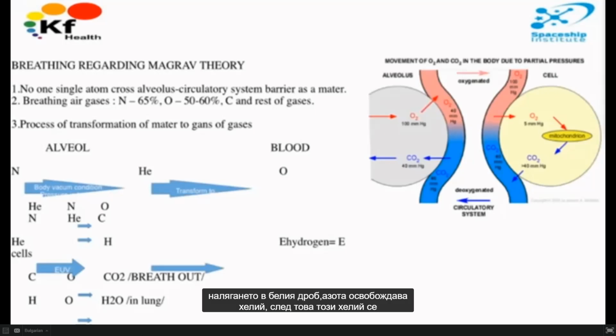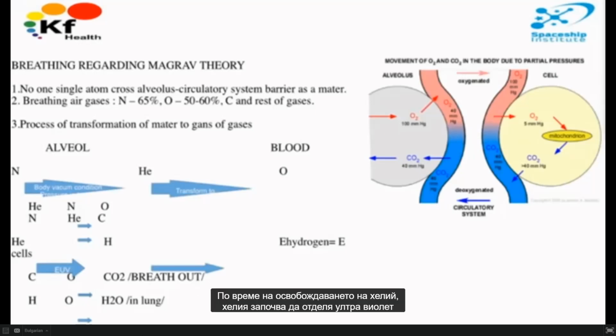Then helium transforms to oxygen. When nitrogen releases helium, it becomes carbon.